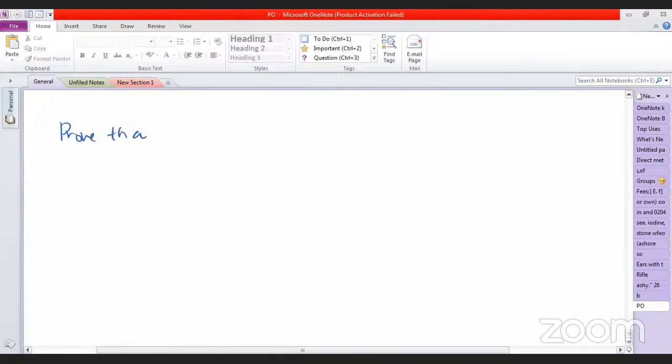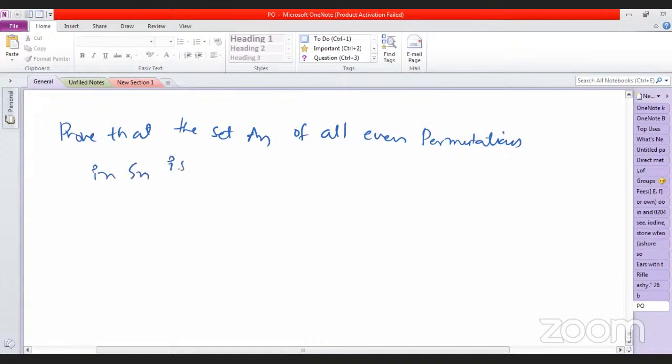Prove that the set An of all even permutations in Sn is a normal subgroup of Sn, n greater than 1.